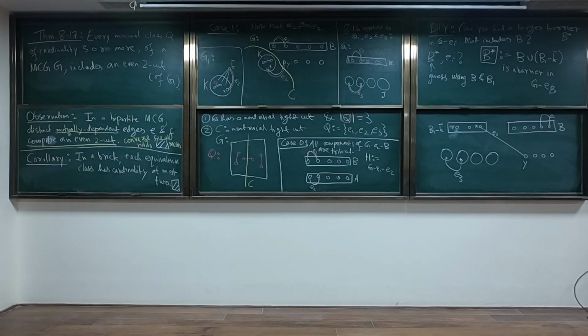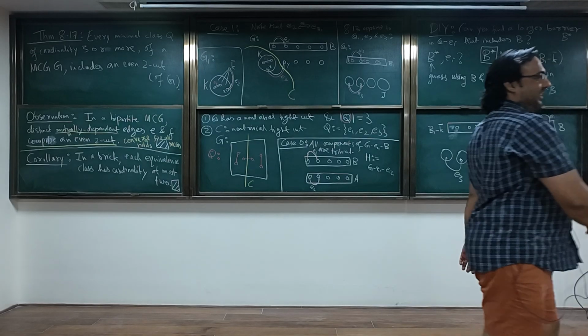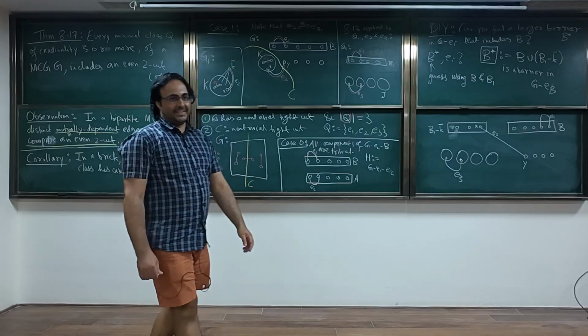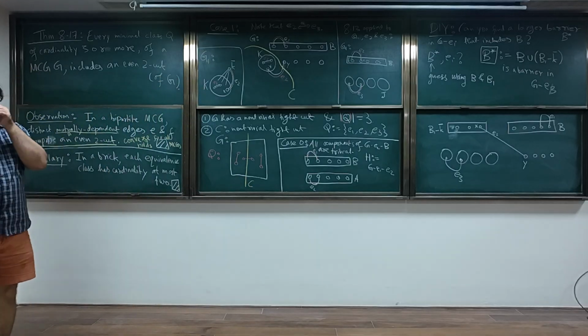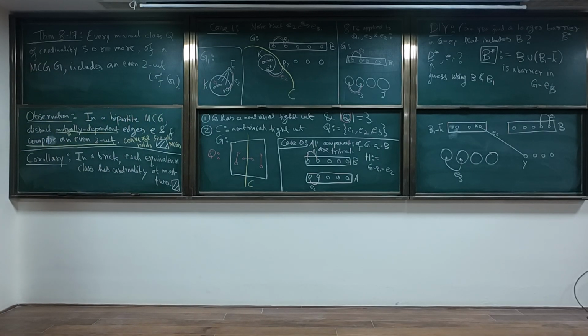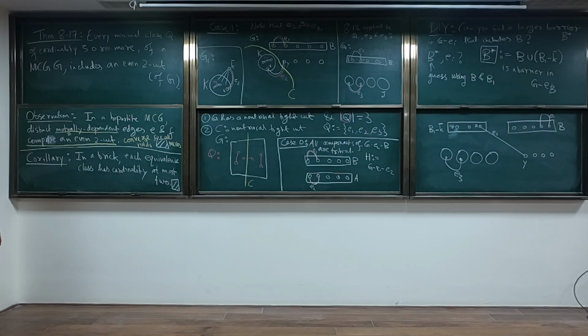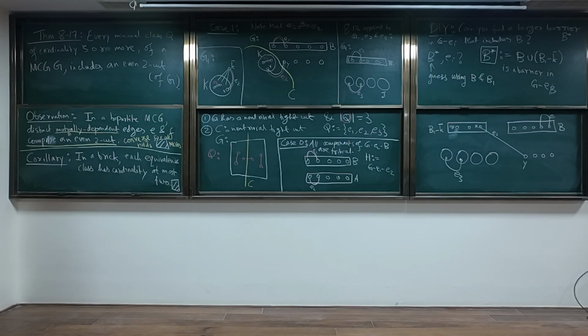But once you have seen enough of these things, then you just start seeing them much faster. Okay? Are you all convinced that this is a valid drawing? We are not lying to ourselves, we are not fooling ourselves. B star is indeed a barrier in G minus E3.